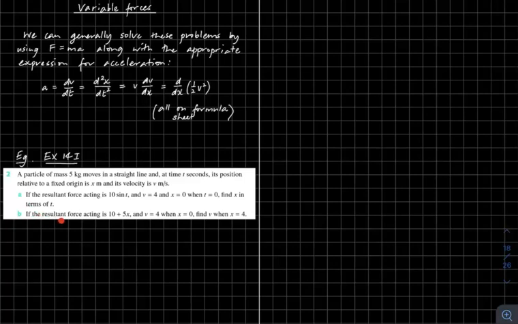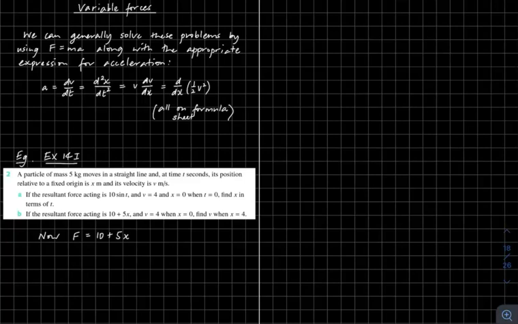Part B says, if the resultant force acting is 10 plus 5x, and v equals 4 when x equals 0, find v when x equals 4. Alright, so let's think about what we're being told here. We're being given the information that the force is varying with the displacement, or the position of this object relative to the origin.